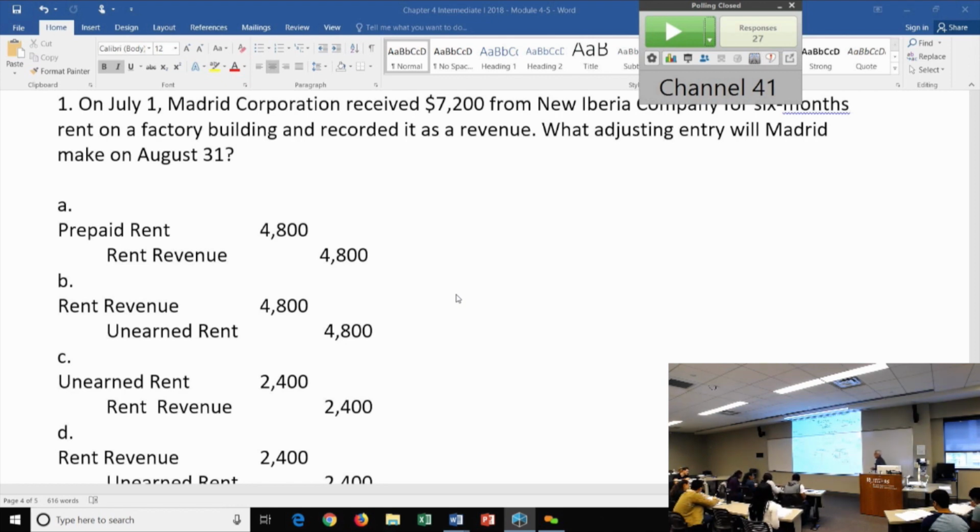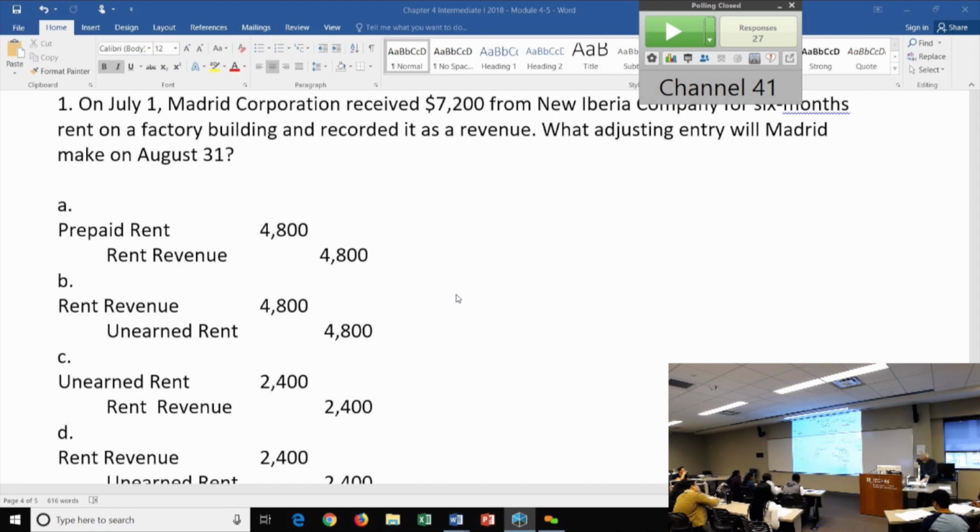How can it be originally reported as revenue? Because isn't it not earned until time goes by? Right, but that's the purpose of the adjusting entry. Yeah, so I actually read that one quick. I just, again, made the same mistake that somebody did. So it is revenue first, which is not wrong, but you have to correct it.